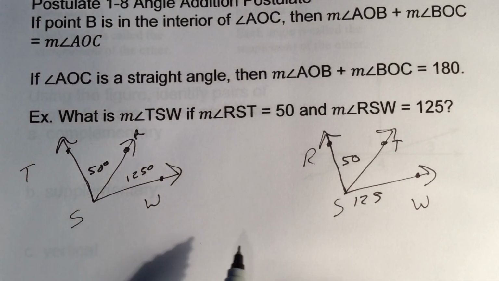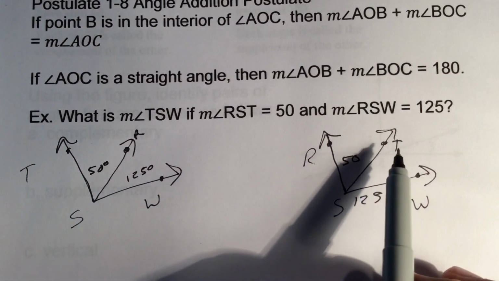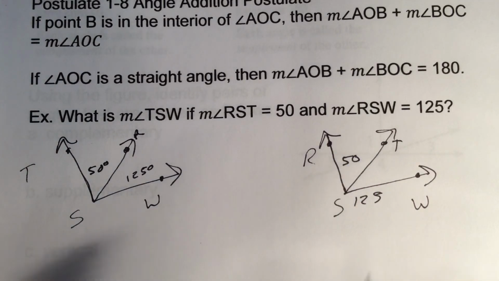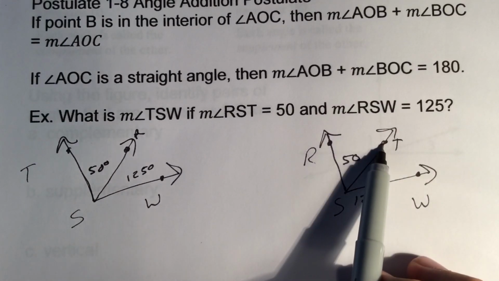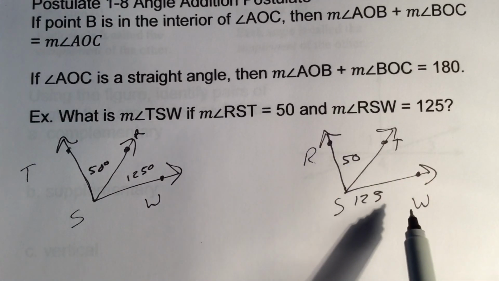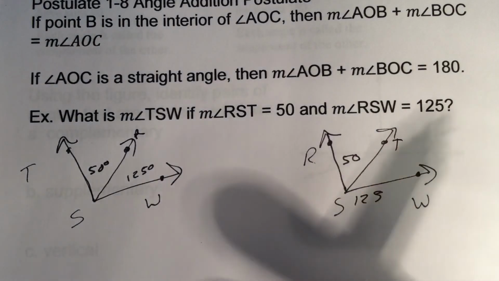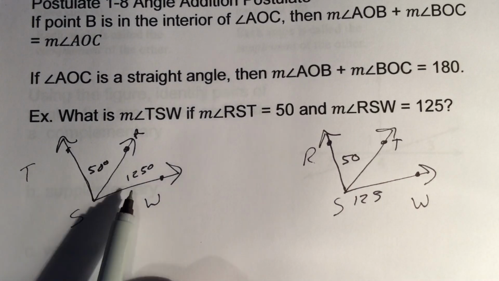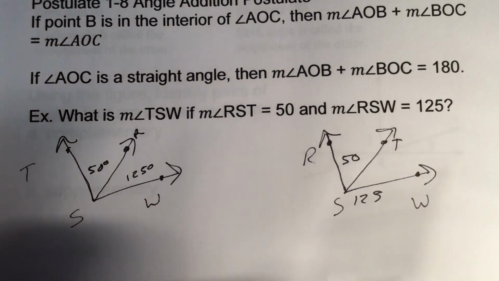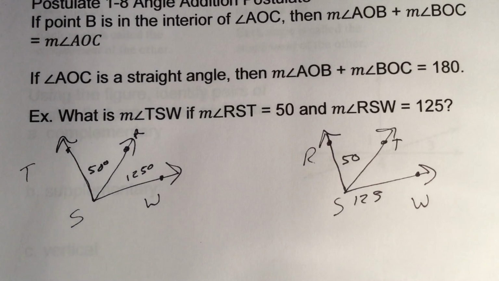Now, normally you'll either get a drawing and you'll see exactly what's going on, or I'll have in there like, okay, T is in between R and W. It'll specify exactly which way it's going to be, so you don't have this confusion of, well, I did it this way and got this, and I did it this way and got this. There should be one way to do it, okay?